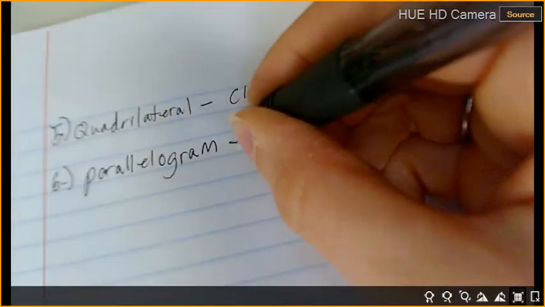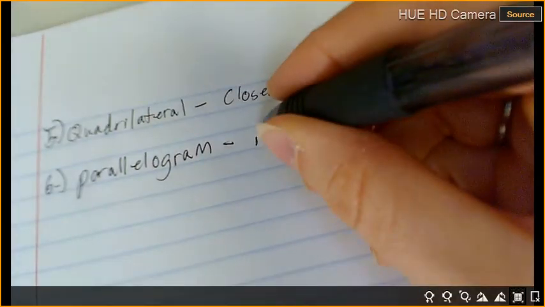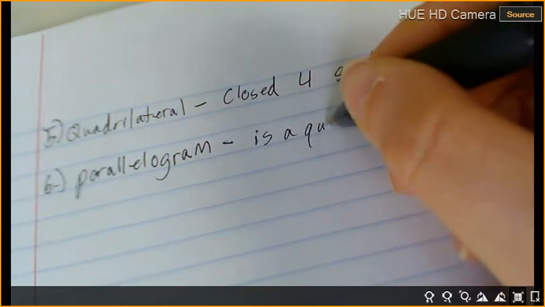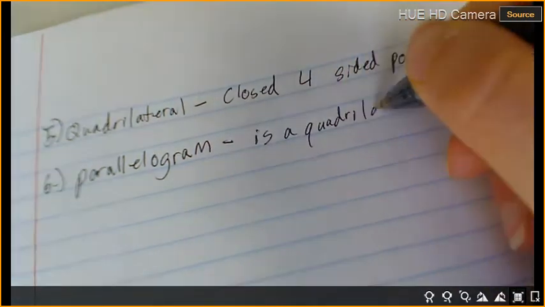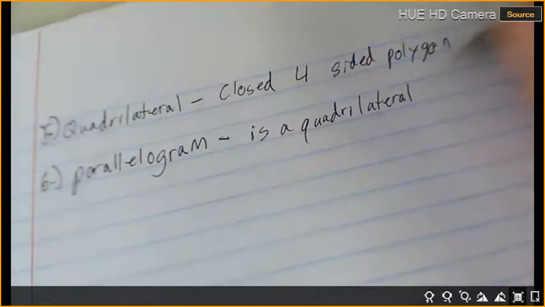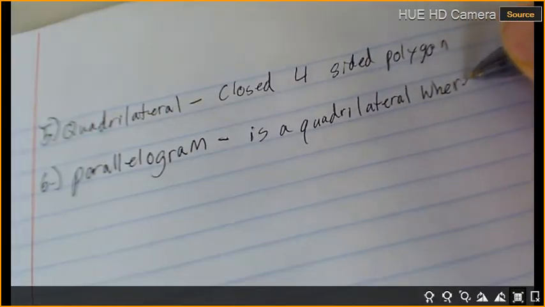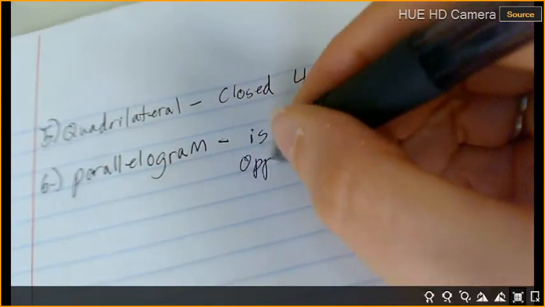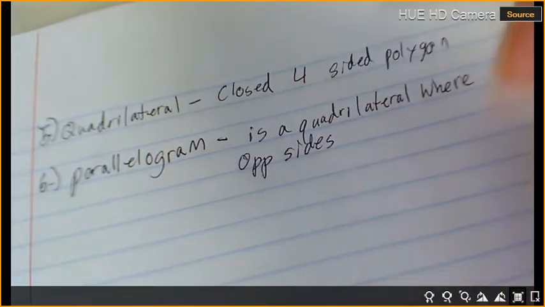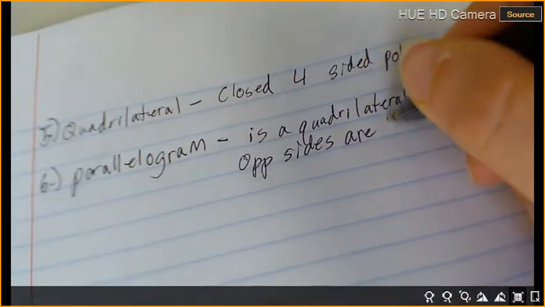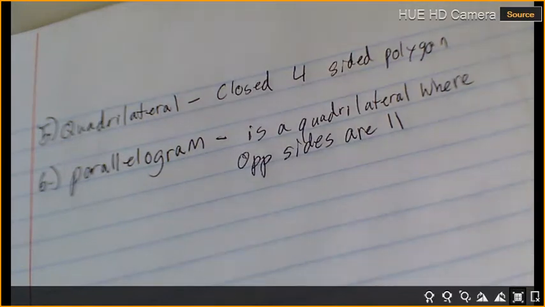A parallelogram is a quadrilateral where opposite sides are parallel. Parallel is like they never intersect, they're right next to each other. Parallel is just, it looks like stripes. It's 2 lines straight up and down.